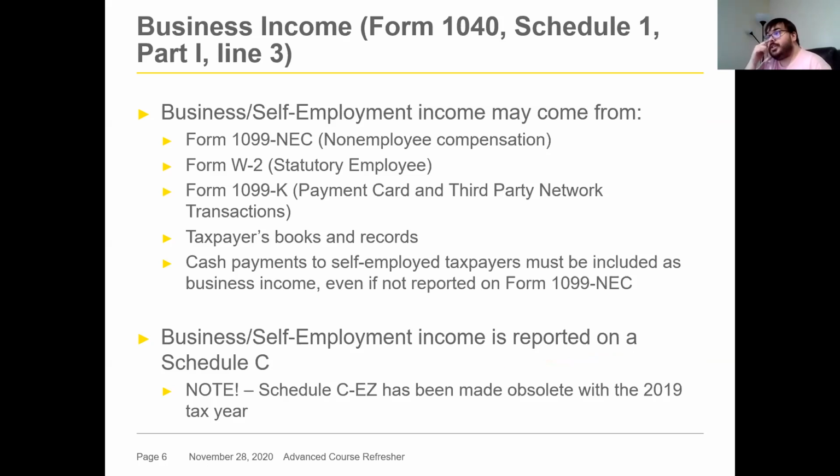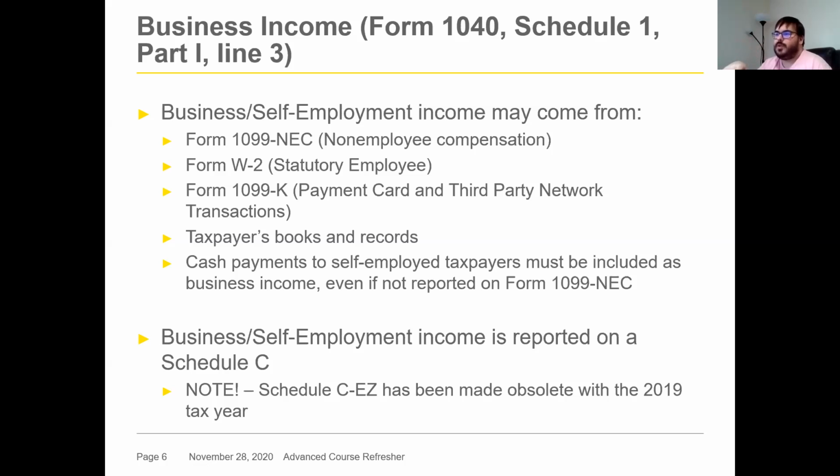All right, so let's go into income. A big section of what we do on the advanced section is related to self-employment income. There is a change this year where the 1099-MISC has been reformatted. What we used to see on the 1099-MISC as box 7 for non-employee compensation is no longer there.